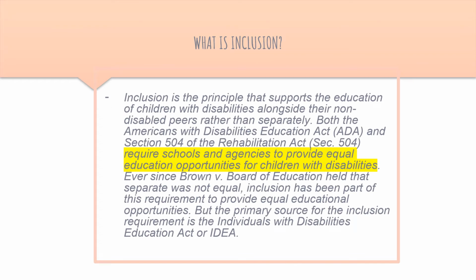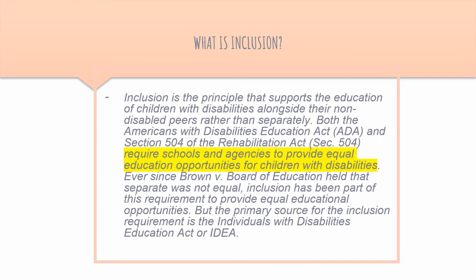So, just a definition of inclusion, just so you have it in your head. Inclusion is the principle that supports the education of children with disabilities alongside their non-disabled peers rather than separately. Both the ADA and Section 504 require schools and agencies to provide equal education opportunities for children with disabilities.